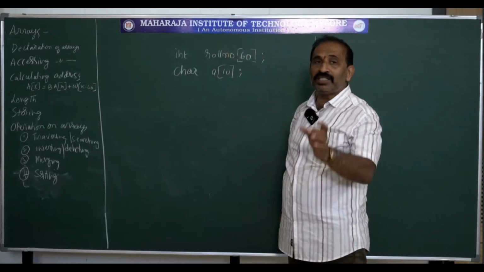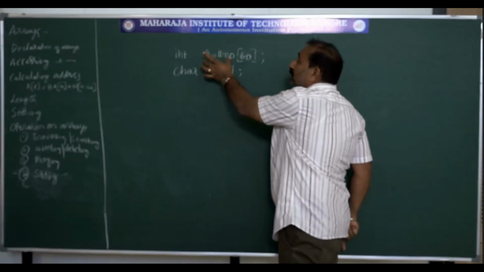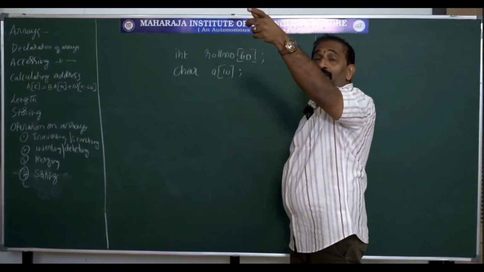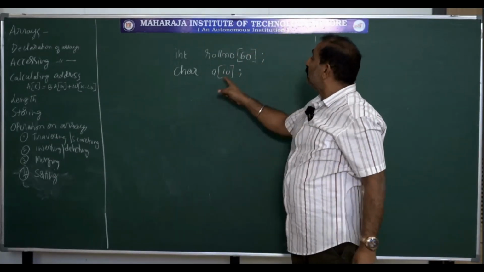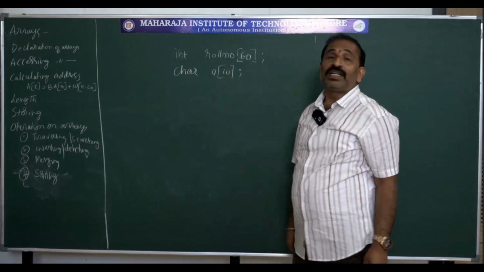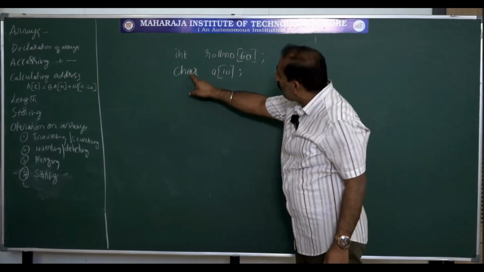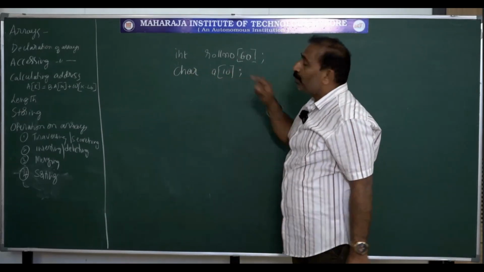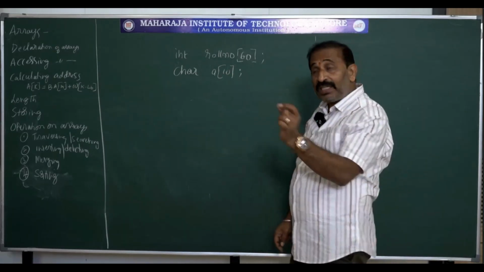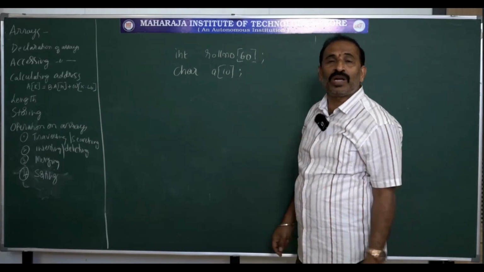Roll number is now not a single number, it is a set of integers, of size 60. Similarly, A can accommodate 10 characters. So A is an array of type character. It can accommodate 10 different characters. Whatever you would like to store, you can just store like that.